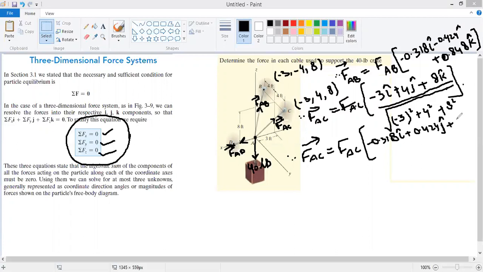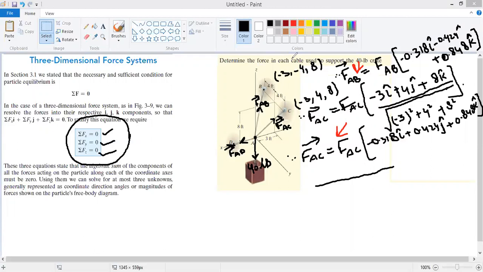So this is our FAC, and this is our FAB. We'll just highlight them. Now we have to talk about this FAD.